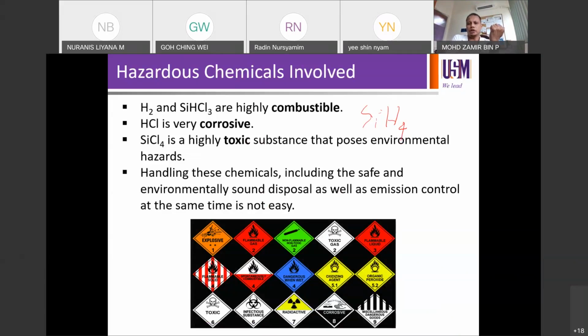So just one case to share with you. NUS punya solar lab, you can check this on Google later on. You can check SERIS, Solar Energy Research Institute of Singapore, located in NUS, pernah terbakar the whole building due to silane leakage. That was in, I think, 2012 or 2013.